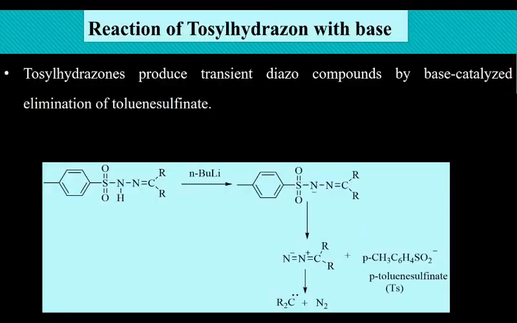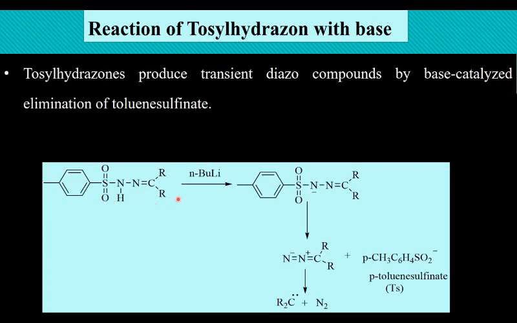Here is the reaction of tosylhydrazone with a base. Tosylhydrazones are very widely used precursors. They are prepared very easily from aldehyde or ketone by the reaction of 4-toluene sulfonyl hydrazide. Tosylhydrazone produces a transient diazo compound by base catalyzed elimination of toluene sulfinate.